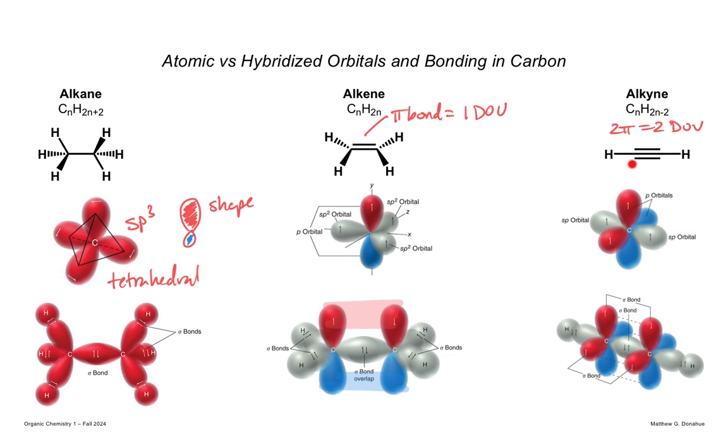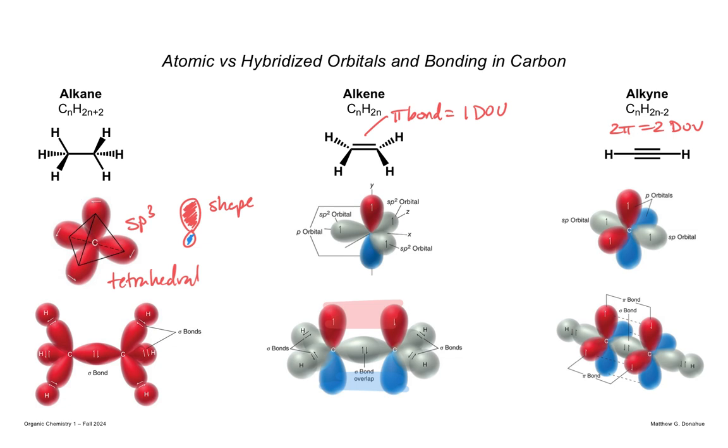So for the C2 alkyne, acetylene, the carbons form a sigma bond to each other, and then each has a sigma bond to carbon. Then the p orbitals in one plane form a pi bond, and then 90 degrees to that, the second set of p orbitals form a second pi bond. So now you can see that they're 90 degrees to one another. So another word we use is orthogonal.